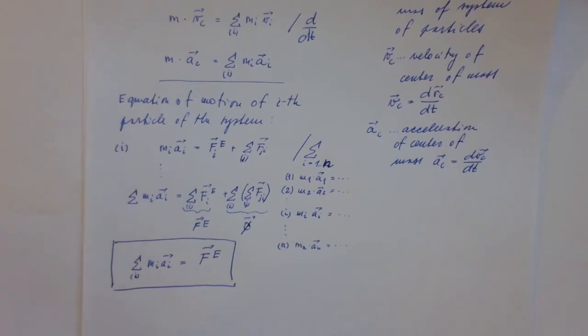And this is the main result of this talk. So the sum of these multiplications mi by ai is equal to the external force.